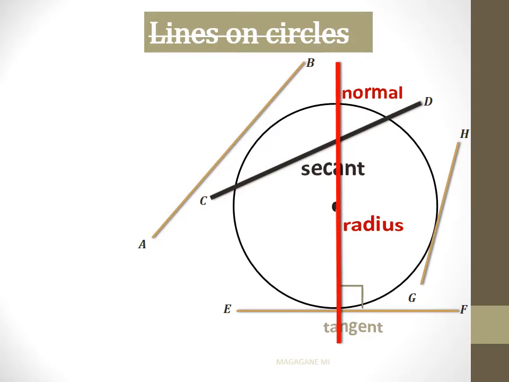It's also important to note that the normal always passes through the center of the circle. So this line is called the normal because the angle between the tangent and this line is equal to 90 degrees. So this line is also important.